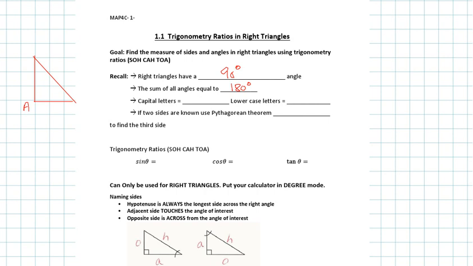So it'll be A, B, C. As you can see, I use capital letters to name the angles. When it comes to the sides, we use lowercase letters.